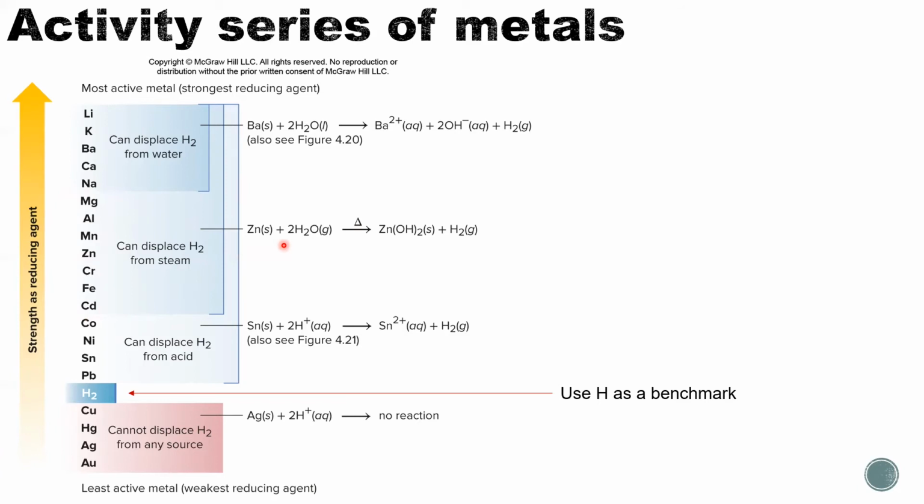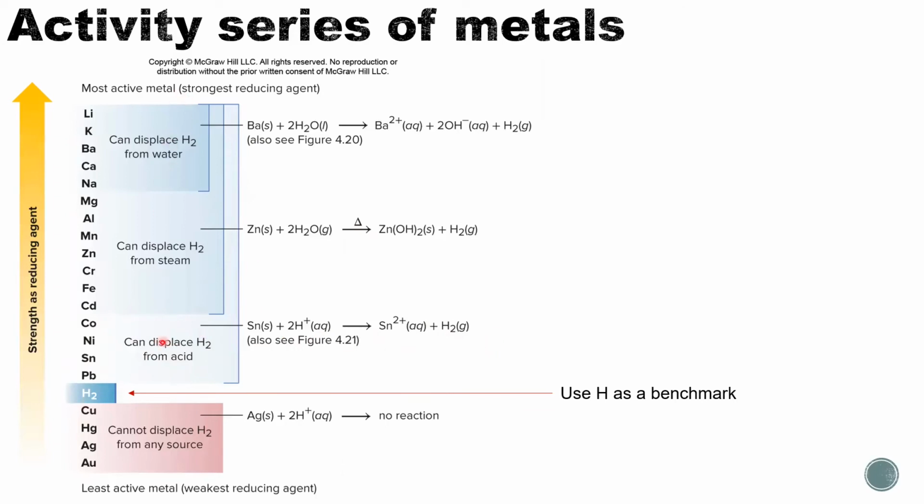But if you heat it up to make the water into steam, the reaction can occur. For example, here zinc can displace hydrogen from steam to produce hydrogen gas. In the third category, from cobalt to lead, they can only displace hydrogen from acid. For example, here tin can react with acid to form hydrogen gas.